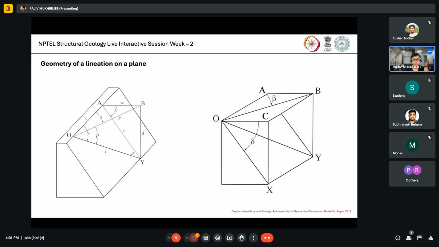So this diagram is basically a simplified and projected diagram of the previous diagram.